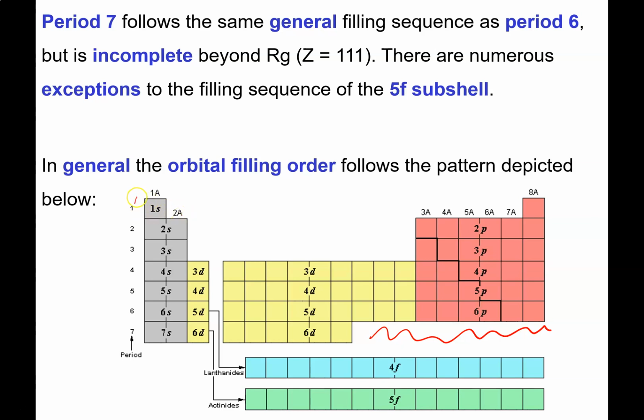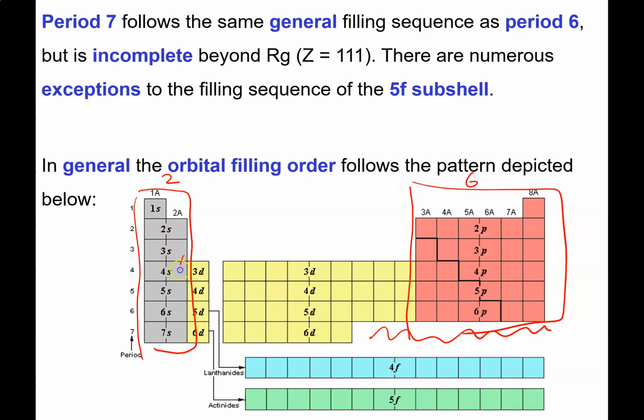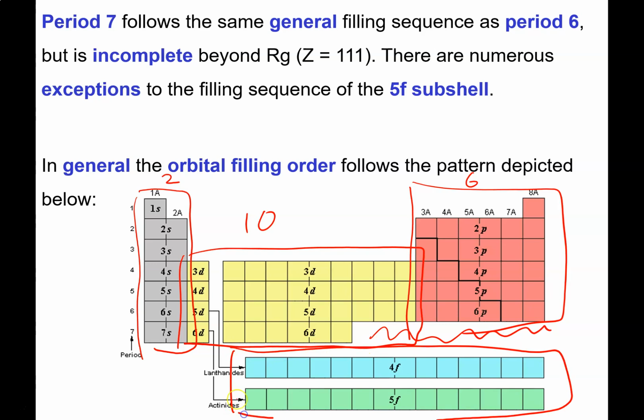Well, you see on the periodic table that we have 2 columns over here, and 6 columns over here, and then 10 columns in the middle, and then at the bottom we have 14 columns.